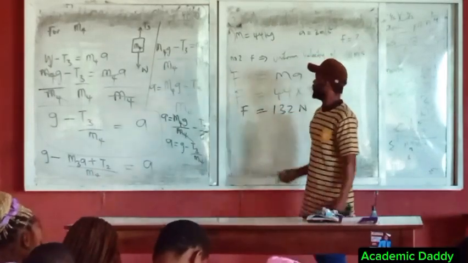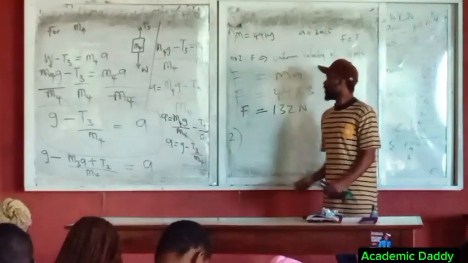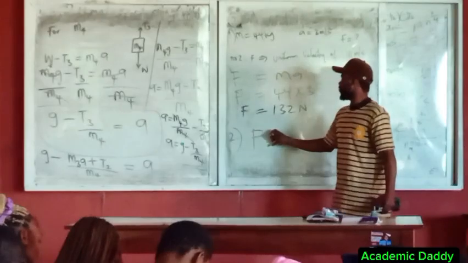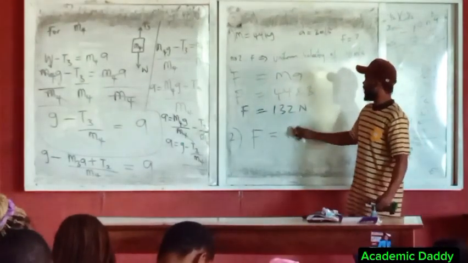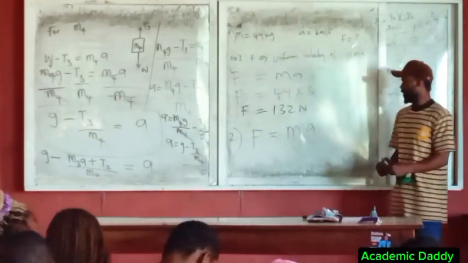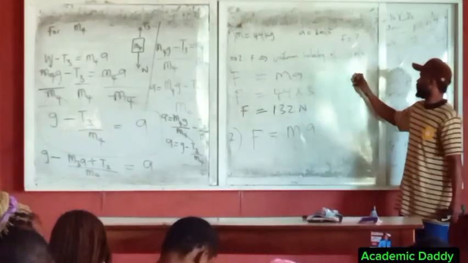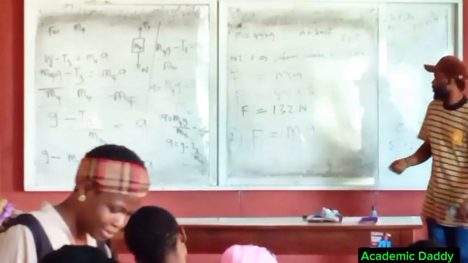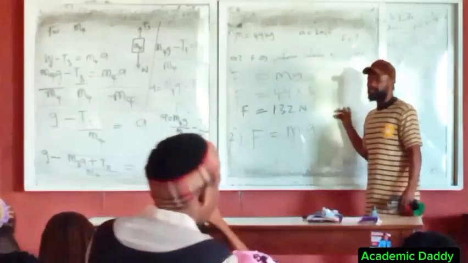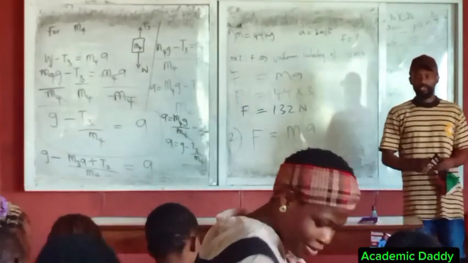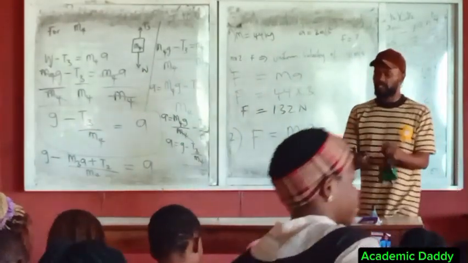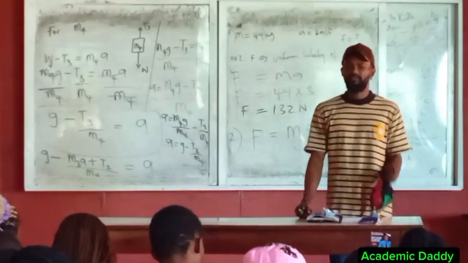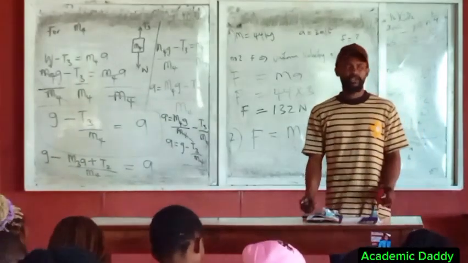132 newtons. Now the second one, they tell us to calculate the force. And we know that force is ma. In this case, it's at uniform velocity, so please write it somewhere: note, at uniform velocity, slash steady, slash constant velocity, acceleration is zero.